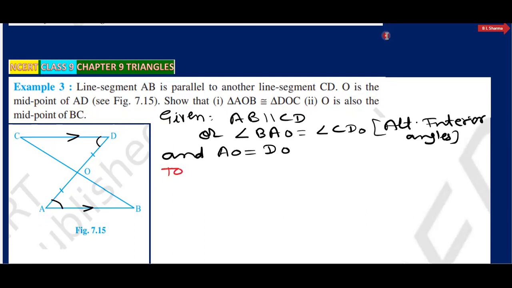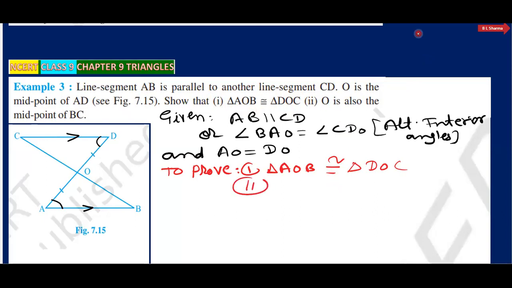To prove, number one, it is already written here: triangle AOB is congruent to triangle DOC. यहां से कुछ नहीं करना, देखो इट इज ऑलरेडी रिटन, पहले से ही क्वेश्चन में ये रिटन है कि हमें ये प्रूव करना, नंबर वन.